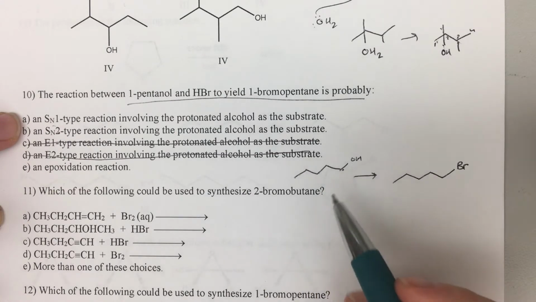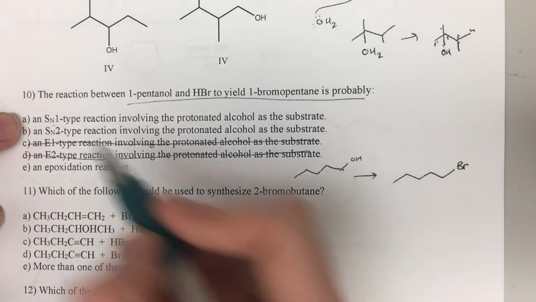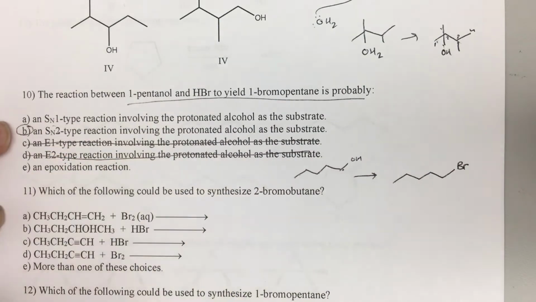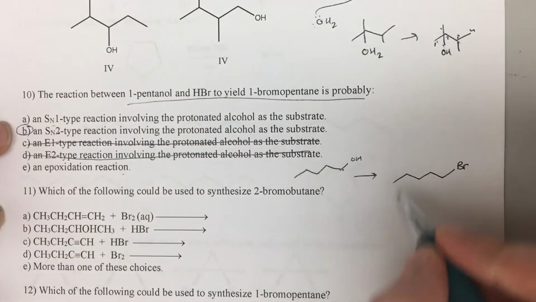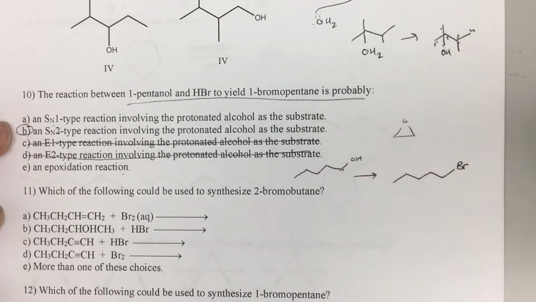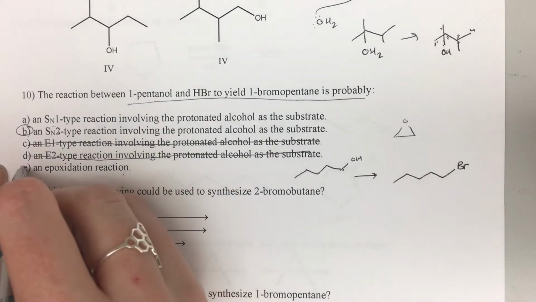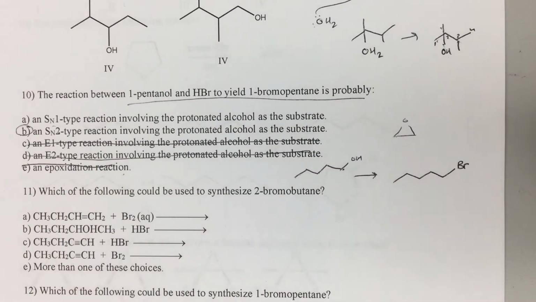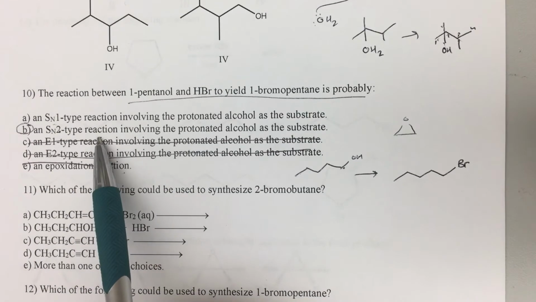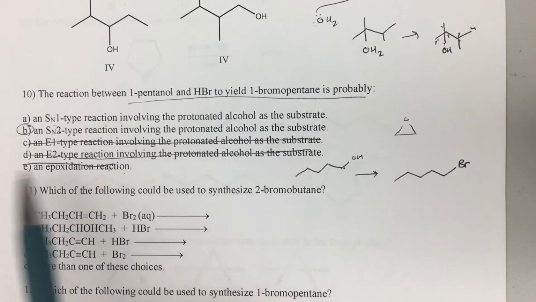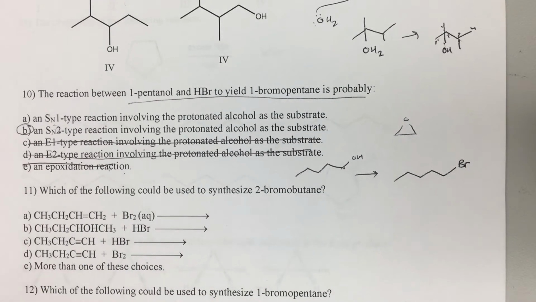Those are just very unstable, basically non-existent. So an SN2 would be much more favored. An epoxidation reaction, that looks like an epoxide. We don't have anything close to that, so that's definitely wrong. So even if you can't remember if it's SN1 or SN2, based on the stuff you do know, you can eliminate it down to 2 answer choices, and then you have a 50-50 shot of getting it right. So that's awesome.